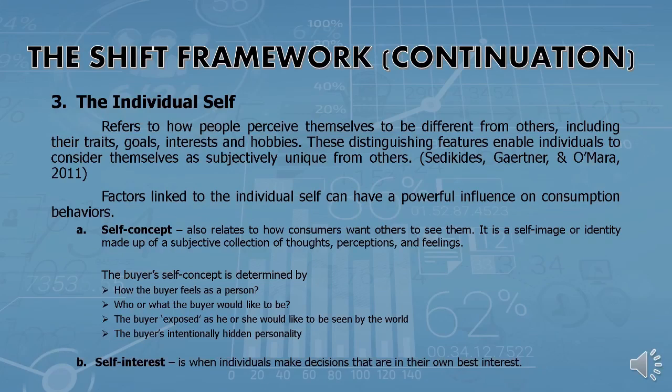So, what is self-interest? Based on Adam Smith, it refers to the action that elicits personal benefits. The best example of self-interest is the invisible hand, which consists of, first, the society's goals will be met as individuals seek their own interests.